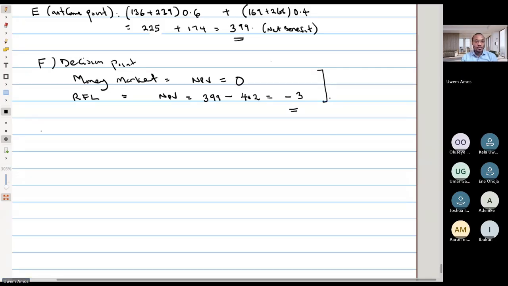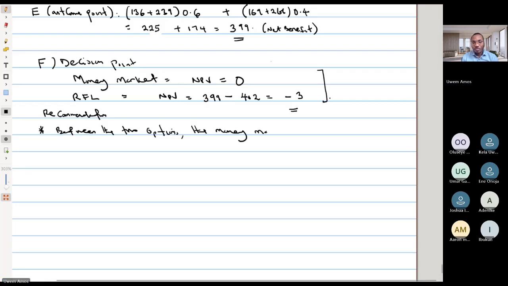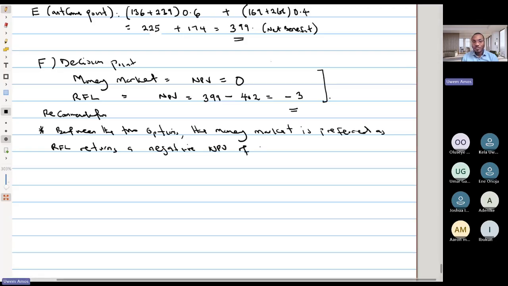So between the two options, that is our recommendation: the money market is preferred as RFL returns a negative NPV of -3.